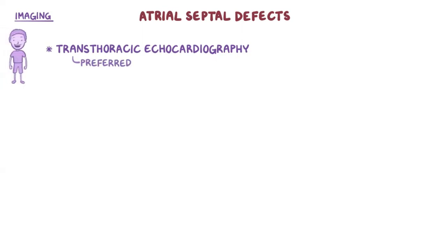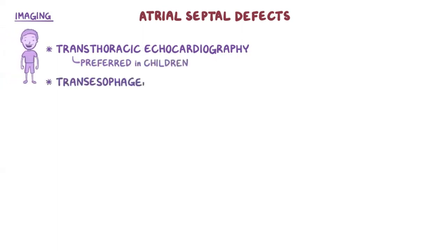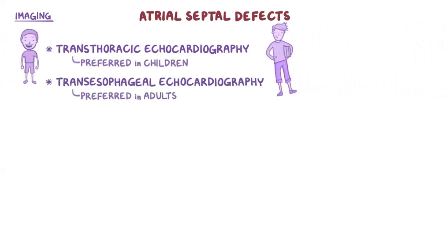In terms of imaging, transthoracic echocardiography remains the preferred initial diagnostic modality in children, and transesophageal echocardiography in adults because it offers significantly more anatomic information compared with transthoracic echocardiography, especially when it comes to measuring the size and position of ASDs.